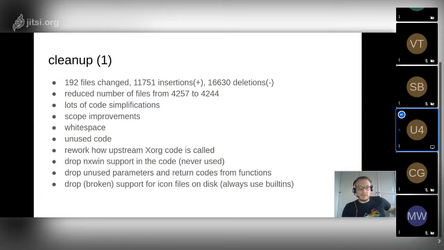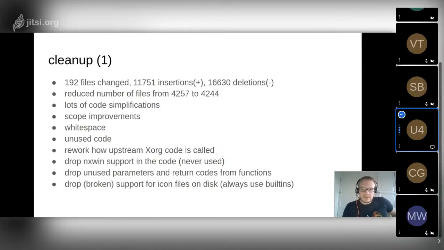And then I found that we still have an Xwin support in the code. Xwin was a window manager that NoMachine provided on the Windows side. As our code cannot compile on Windows, there's no sense in keeping that code. We never compiled NX1 from our code base.